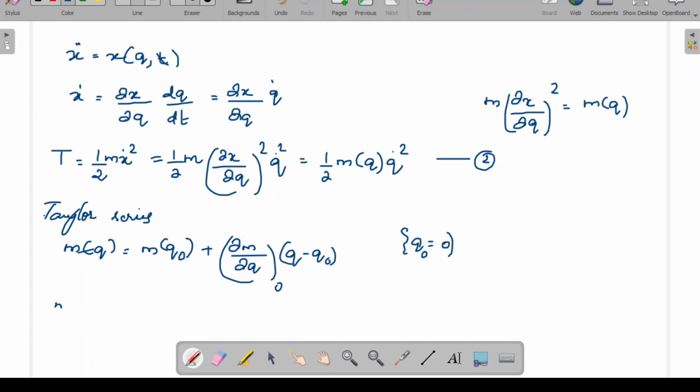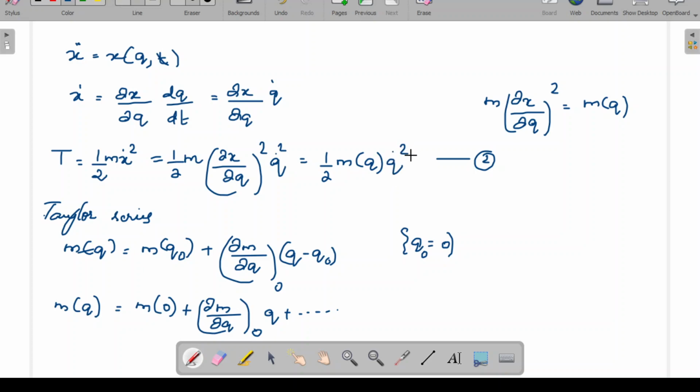Putting the equilibrium position q0 as 0, I can write m of q is equal to m0 plus dou m by dou q at 0 into q plus the higher order terms. I'm not going to the higher order terms here, because if I put this into the expression for kinetic energy, which is half m of q, then it is q dot square, right? So it is already quadratic.